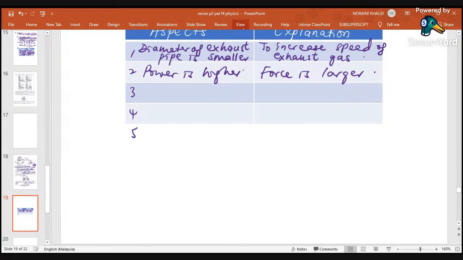Next, the brake system must be functional. Always check it.